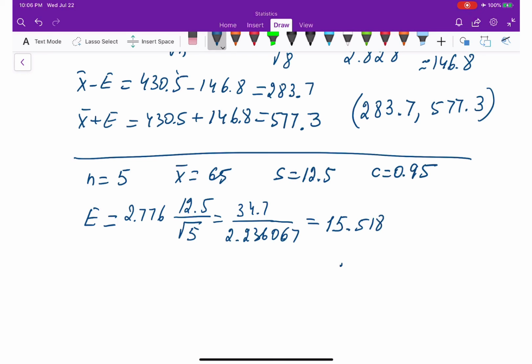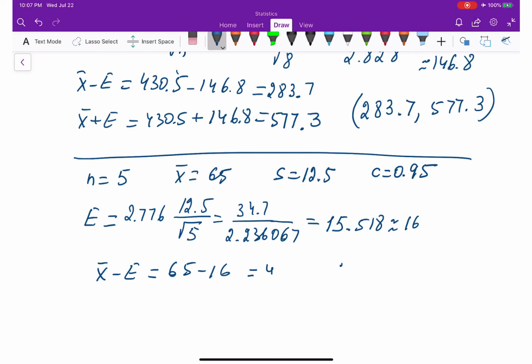So x bar minus error is going to be equal to 65 minus 16, because 65 is a whole number, so I'm rounding also to the whole number, so this approximately will be 16.